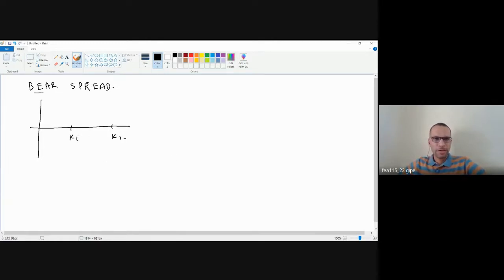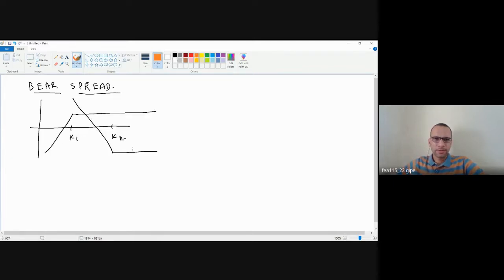Do you recollect how a bear spread strategy could be done via puts? So we are going to purchase a put and we are going to sell a put.